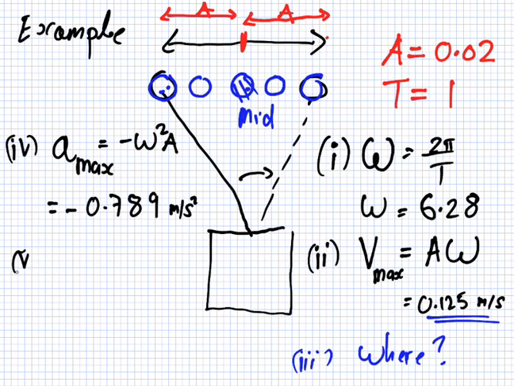Now, my question to you is again, where do you think this acceleration is maximum? At the end this time, yeah. That happens at the end. Here. Okay. Next one.